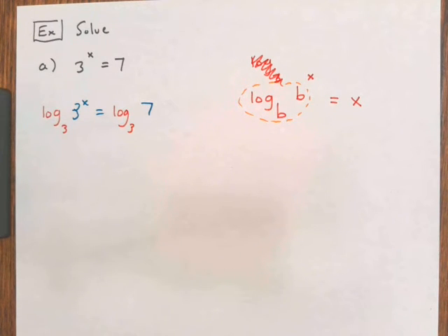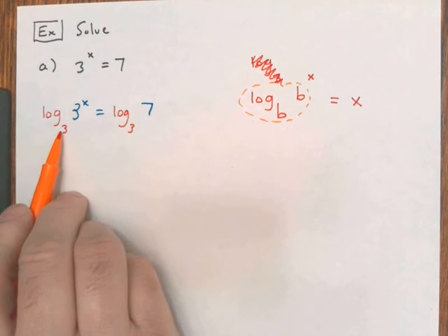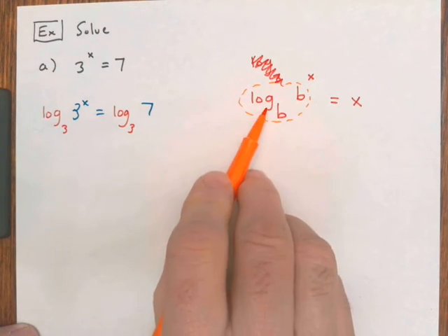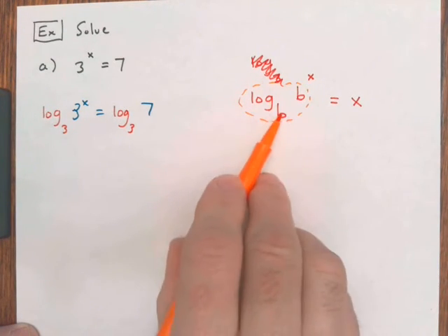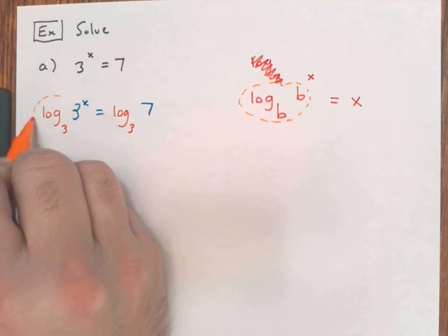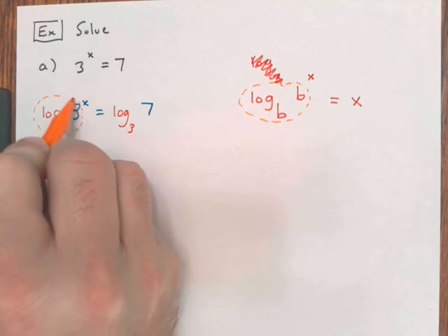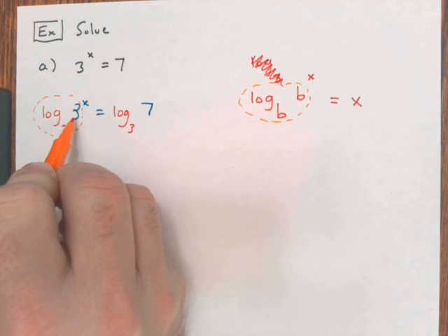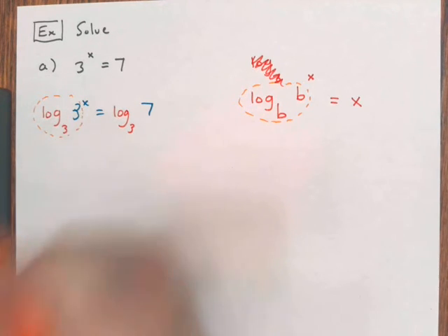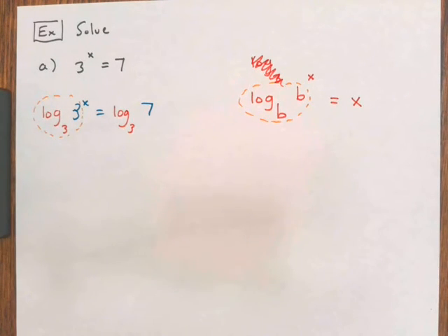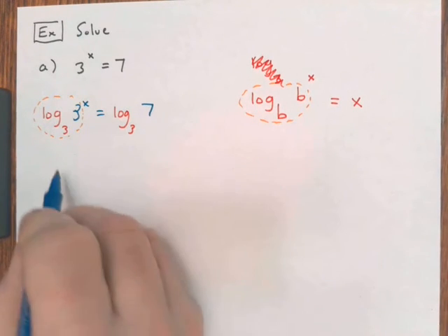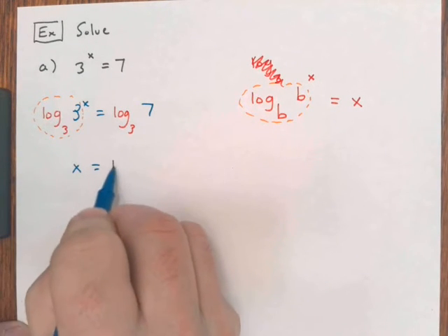And now if you look at this left side, I do have log base 3 of 3 to the x, just like this property. And now I can take the log base 3 and the 3 that is the base of the exponent, use this property and they cancel out.